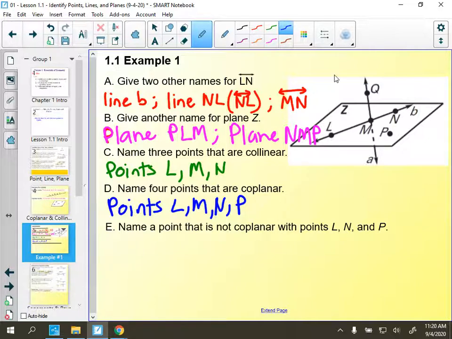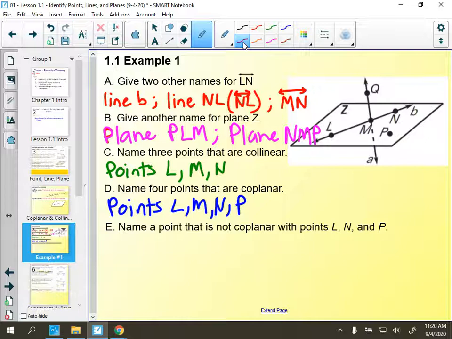For part E, the last one here, we've covered every point on there. If L, M, N, and P are coplanar, the one point that is not coplanar with them is point Q. M is on that same plane. We just said it in part D.